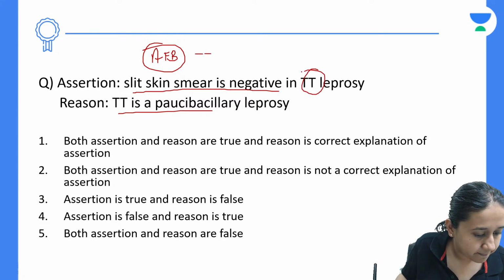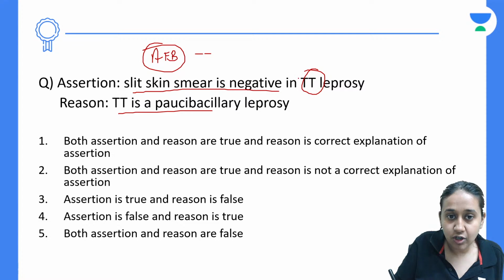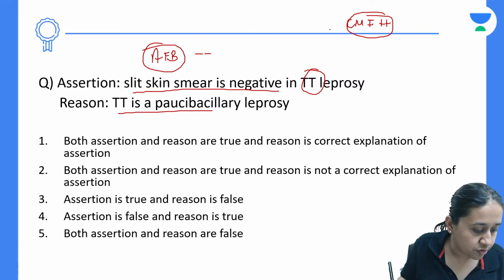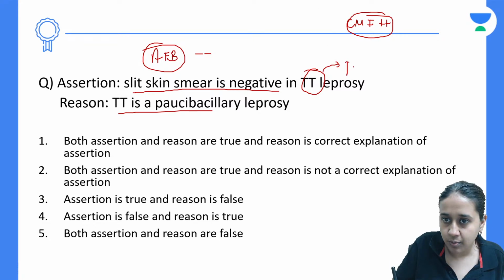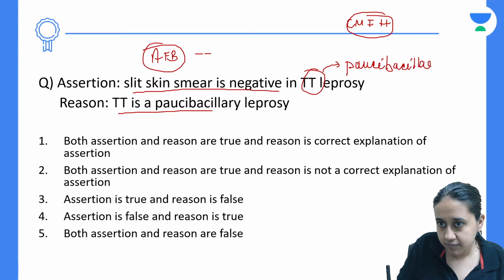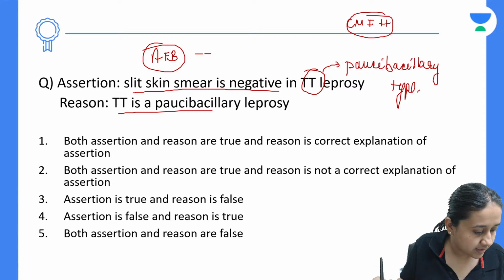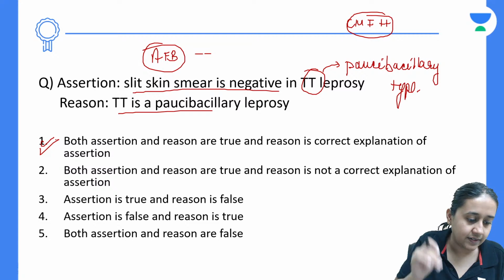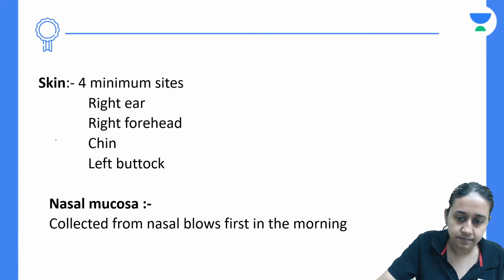Can you tell me why? Because you have very strong cell-mediated immunity, and because of this you call TT leprosy a paucibacillary type of leprosy. How many of you agree with me? Kalyani, Ashima, everyone? So the correct answer is option number 1. Both assertion and reason are correct for this question.